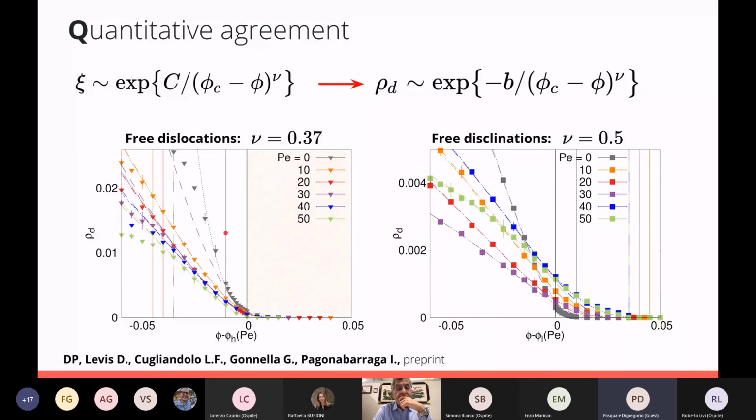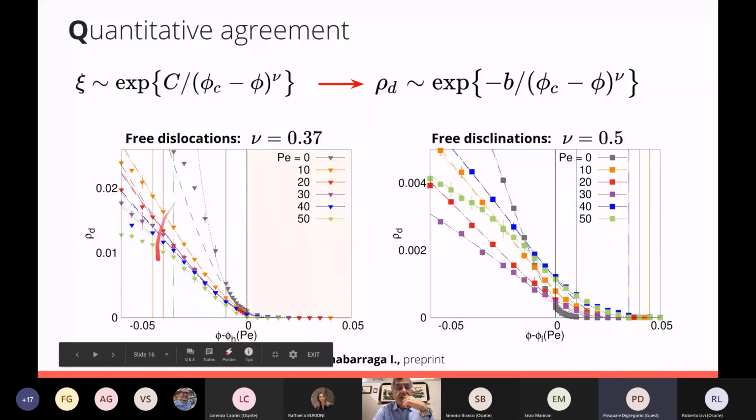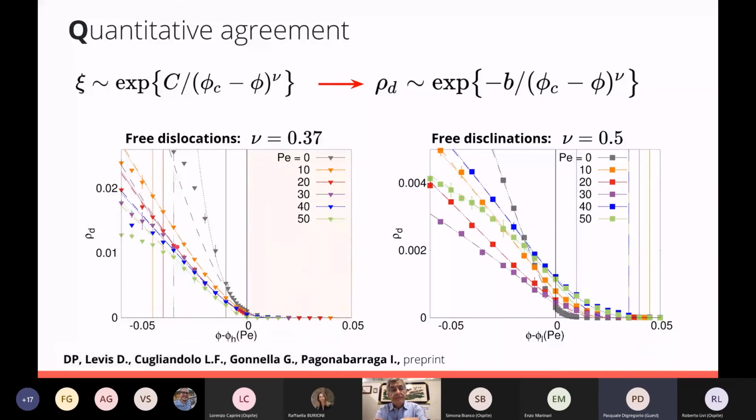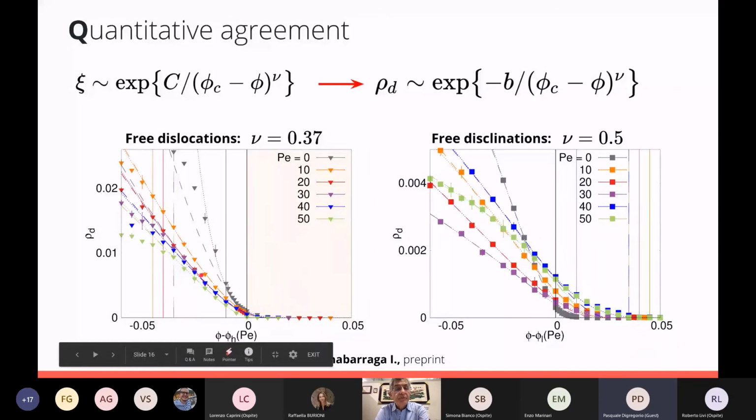So if you want to interpret the slope of these curves, you have to normalize this plot with respect to, at least, the width of the hexatic region that changes.